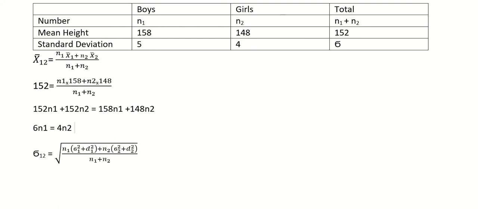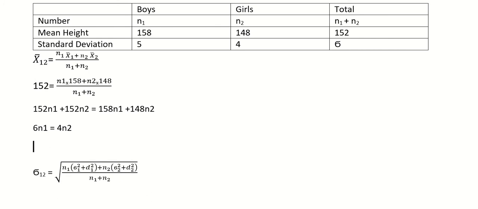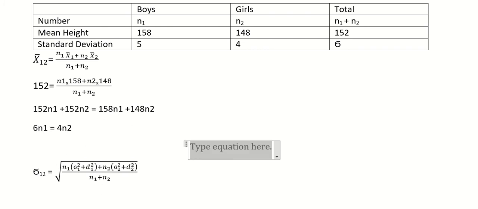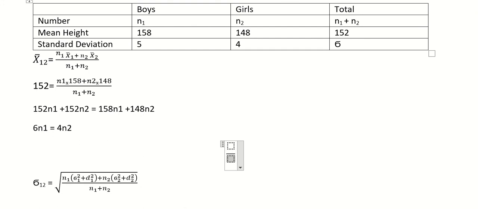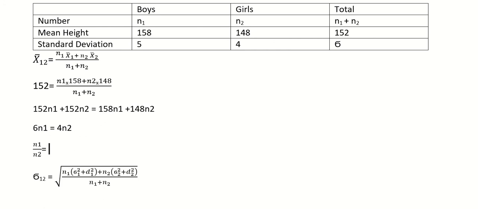So this is the first thing given to us. So here what we can do is we will try to find the ratio of n1 to n2, right? So n1 by n2 will become equals to 4 by 6.